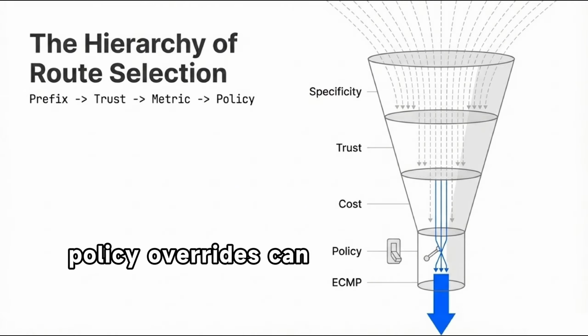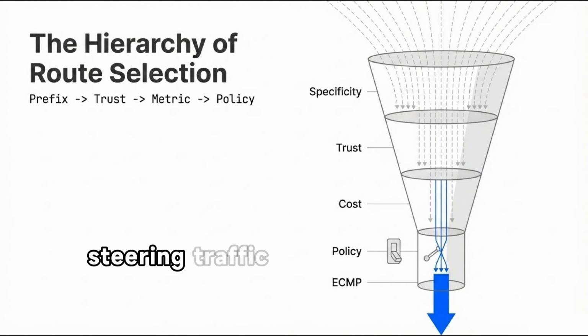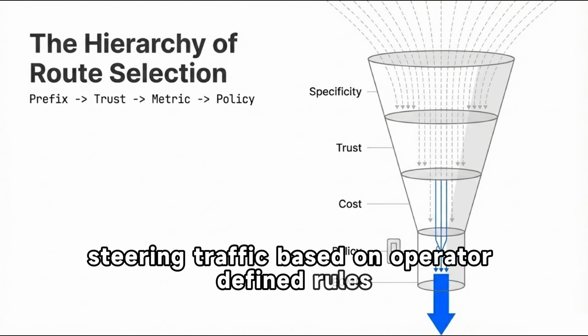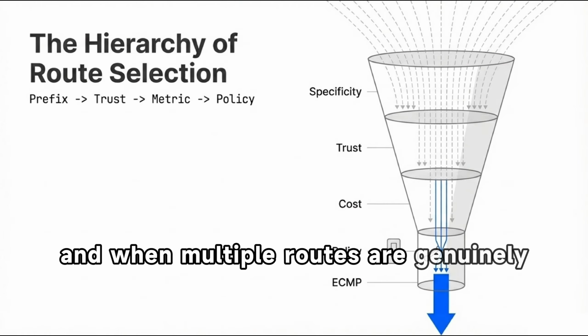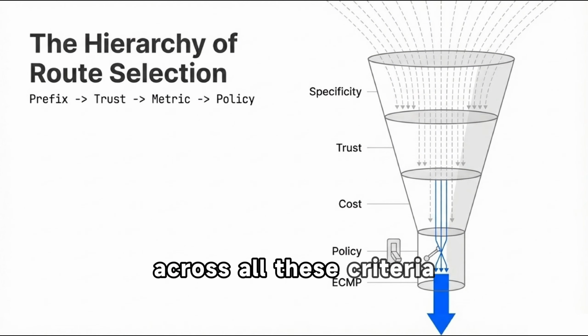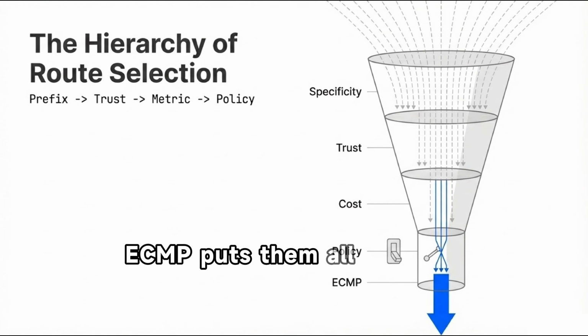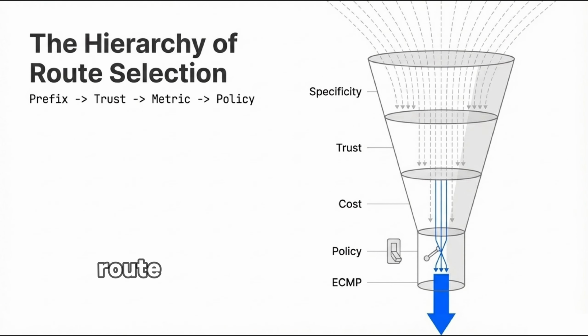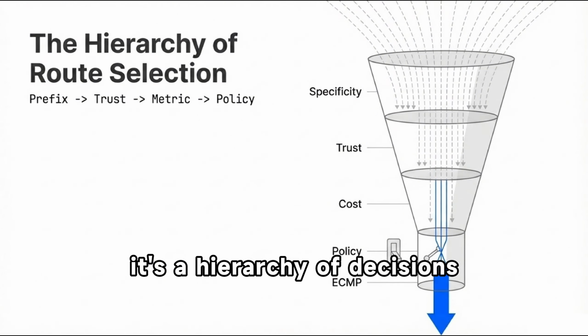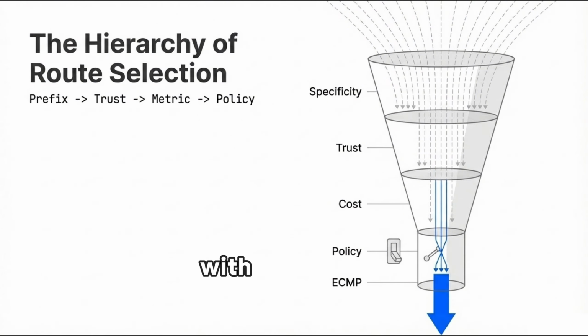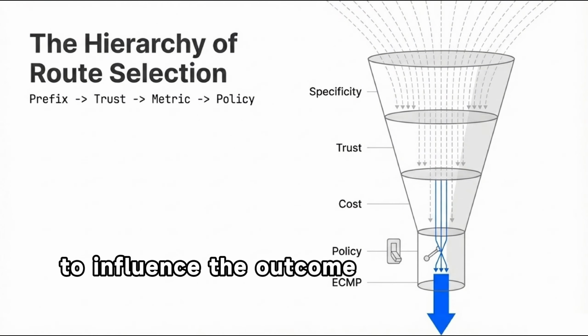Policy overrides can intervene at any stage, steering traffic based on operator-defined rules regardless of what the technical metrics say. And when multiple routes are genuinely equivalent across all these criteria, ECMP puts them all to work simultaneously. Route selection isn't one decision. It's a hierarchy of decisions, each one narrowing the field, with policy able to influence the outcome at every level.